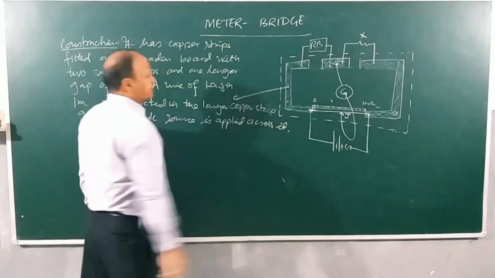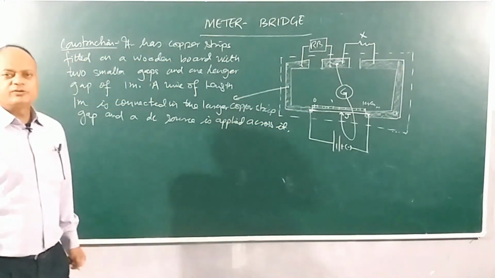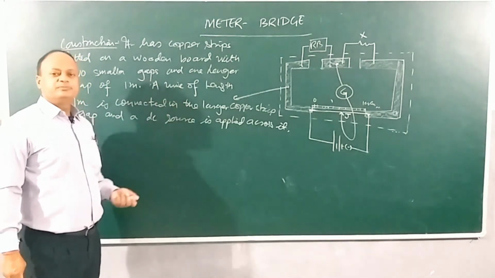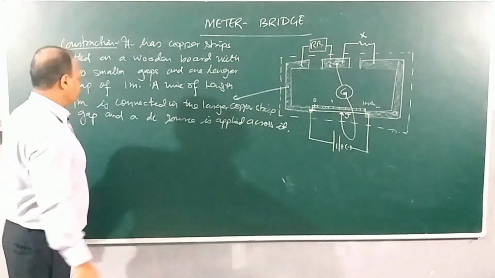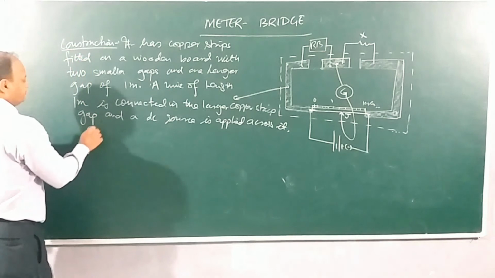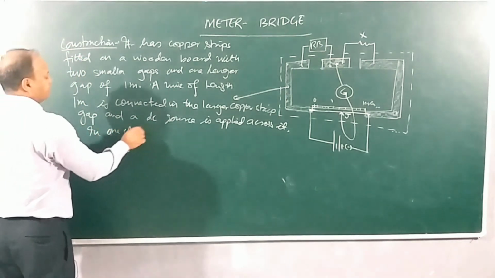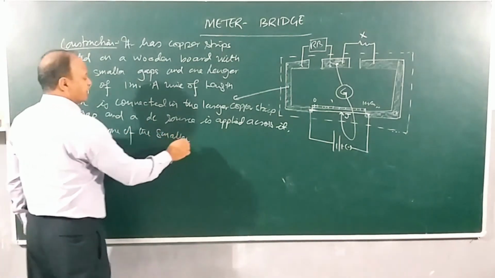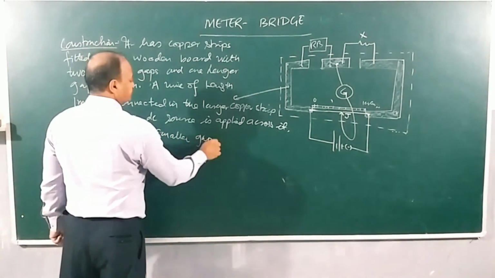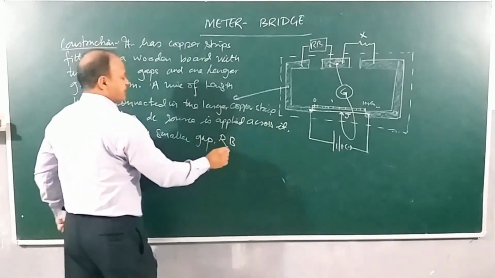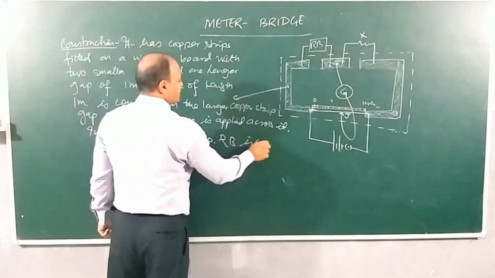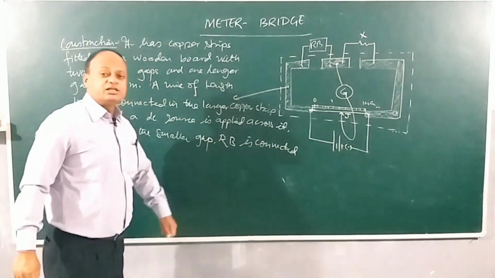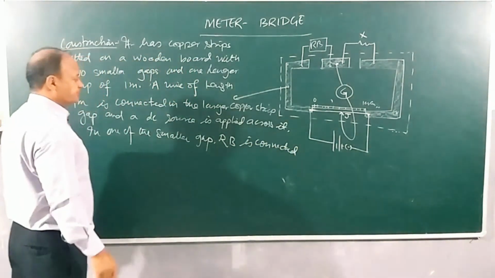So children, this is the construction of meter bridge. Here you have seen two smaller gaps with a larger gap. In one of the smaller gaps, a resistance box RB is connected. So children, the resistance box is nothing but what? It is a known resistance, right?